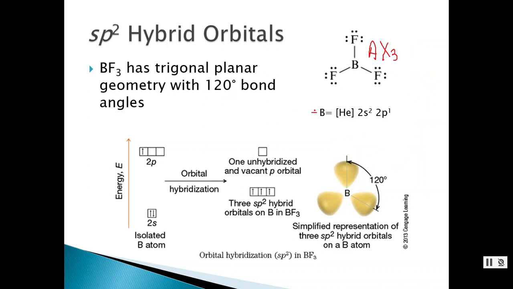But looking at that electron configuration for boron, that central atom, I've only got 1 electron in a 2p orbital that's accessible for bonding, which is shown also in this energy diagram.